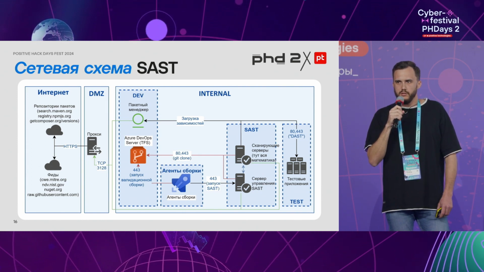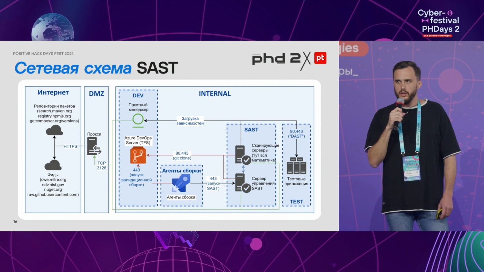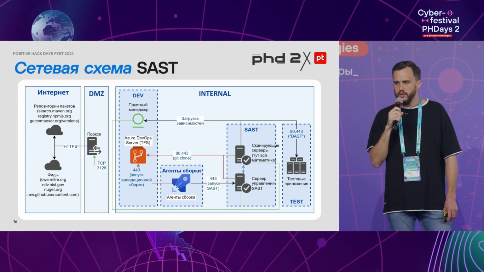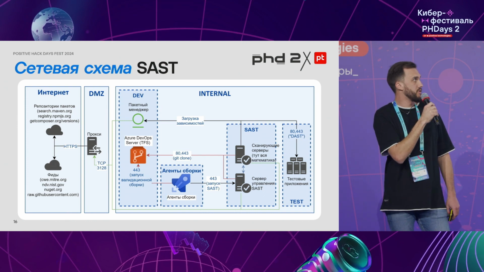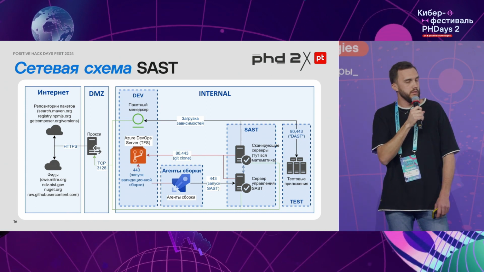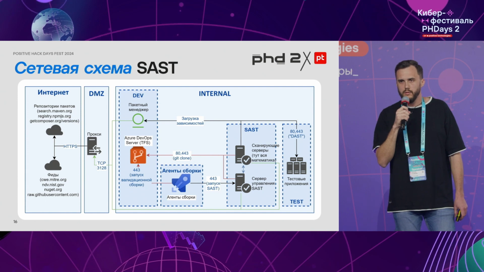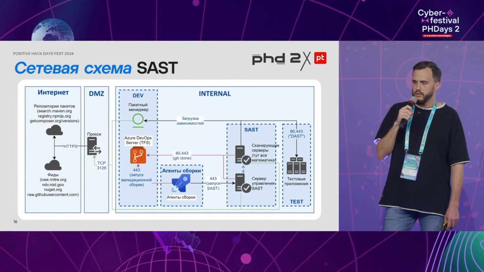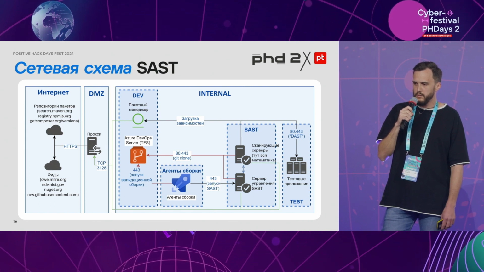If the assembly agent launches a SAST which has a certain backend, then we need to initiate cooperation with the server which manages SAST, and then it distributes scanning tasks to its worker agents where the logic is executed.